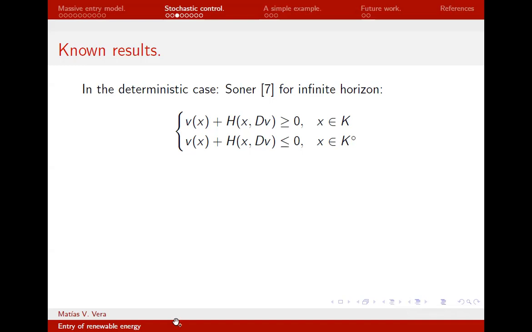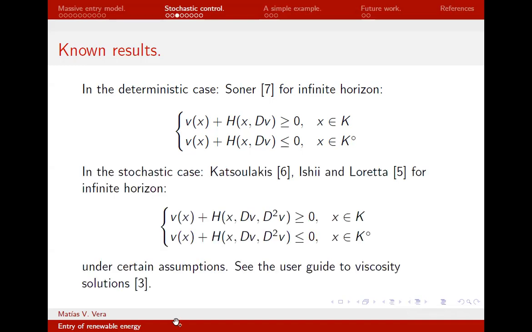But later, in the stochastic case, Markos Katsoulakis and Ishii and Loreti worked for infinite horizon and got something like the same equation. Okay. And finally, this is not under classical PDE theory. It's not weak either.